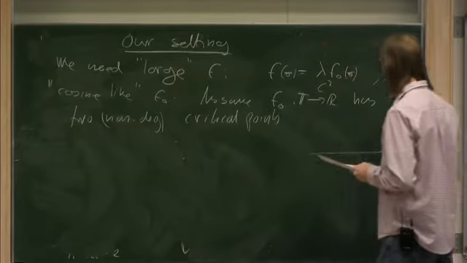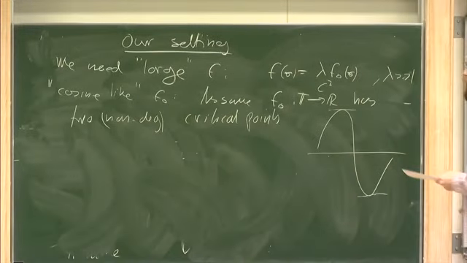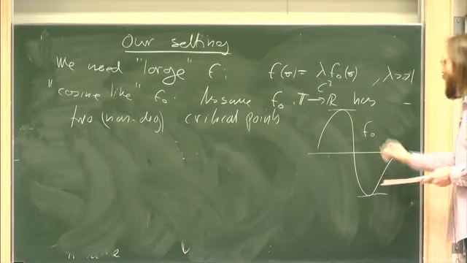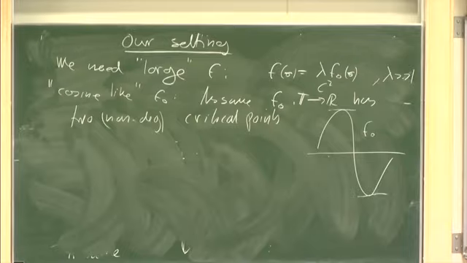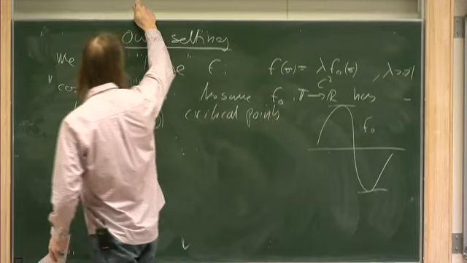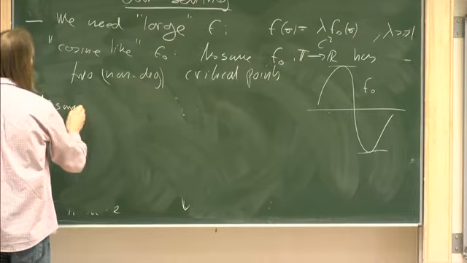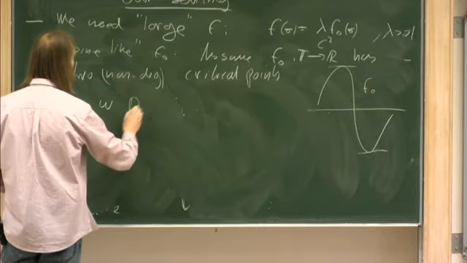So it looks something like this. So two critical points. So cosine is an example of this. And then we assume that omega is Diophantine.